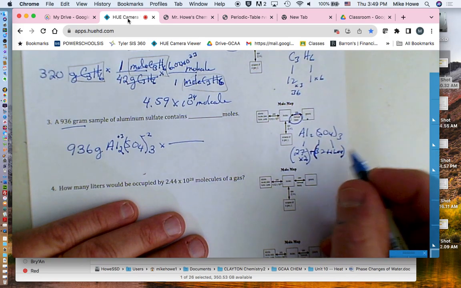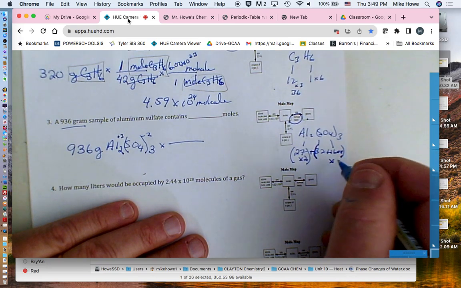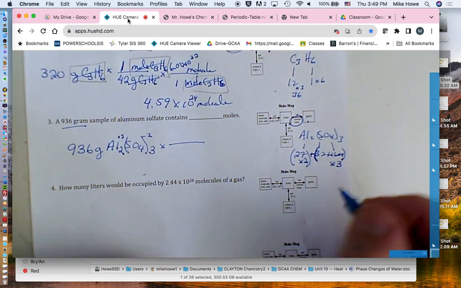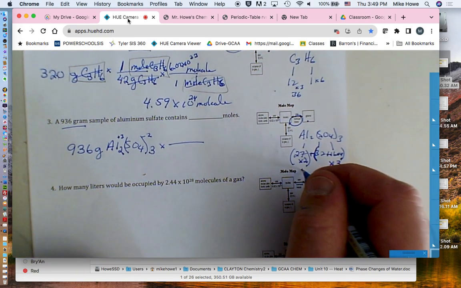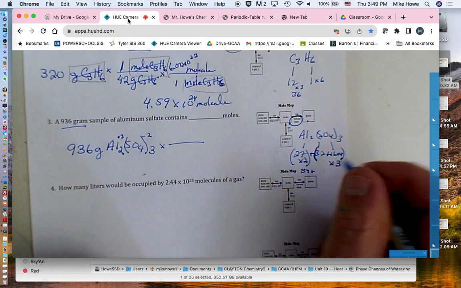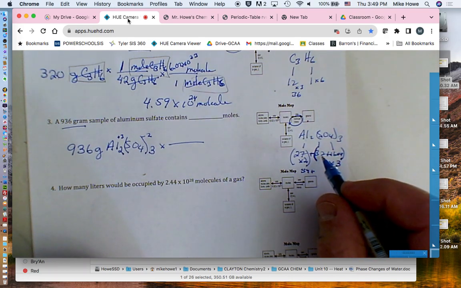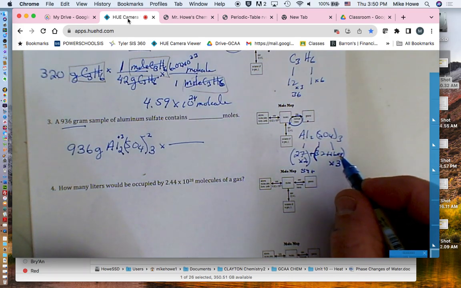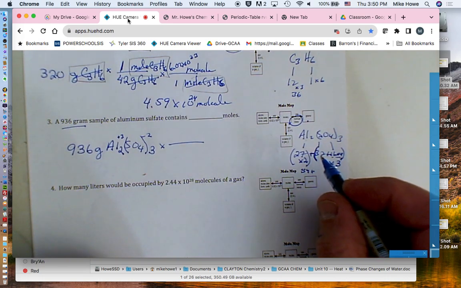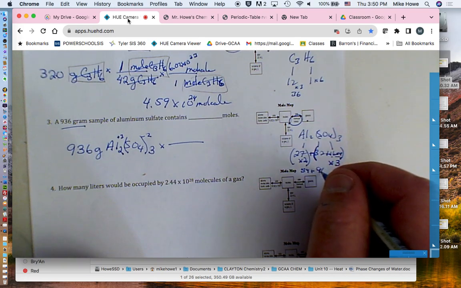So you add those together. And then we have to take that answer and multiply by 3. All right, so 27 times 2 is 54 plus, inside the parentheses I have 32 plus 16 times 4. 16 times 4 is 64 plus 32 is 96. So that'll be 96 times 3.